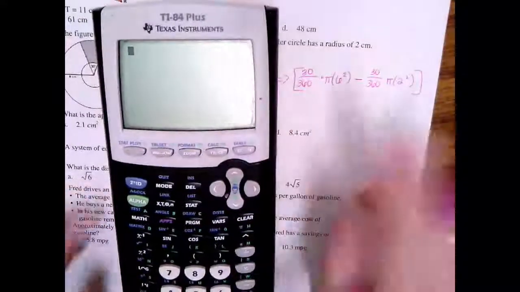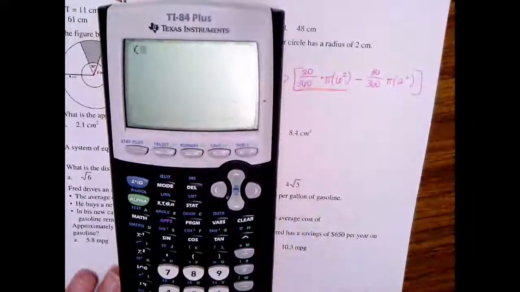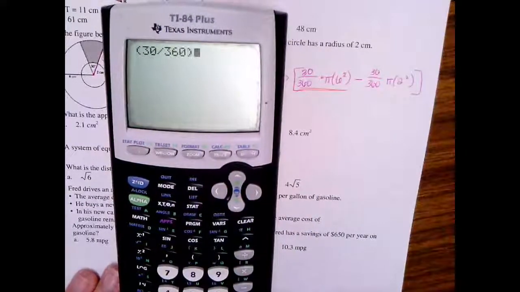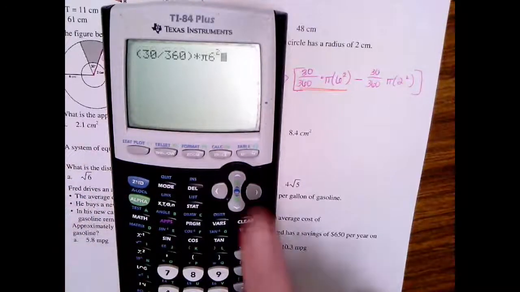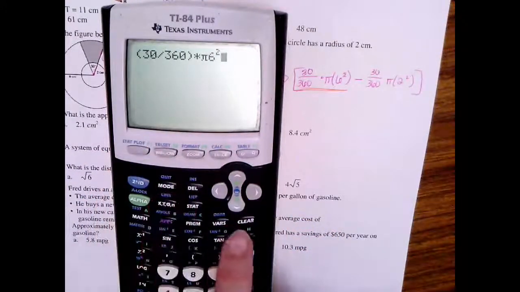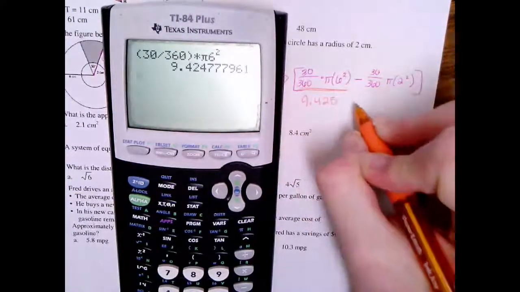So I'm just going to plug the whole first part into my calculator. Parentheses 30 divided by 360, make sure you put parentheses around it, times pi 6 squared. Pi comes from second, upper arrow key. I'm just going to hit enter, and I get 9.425, we'll say.